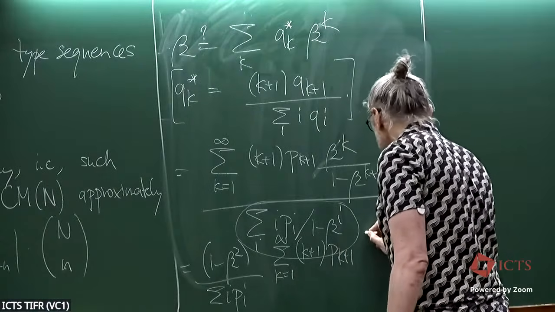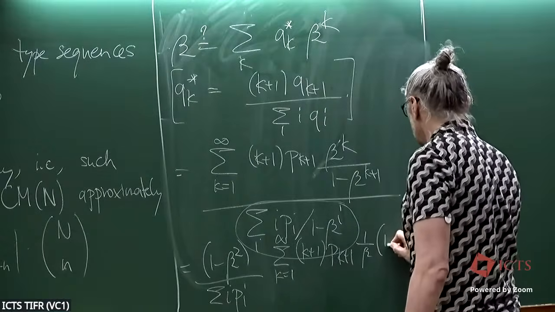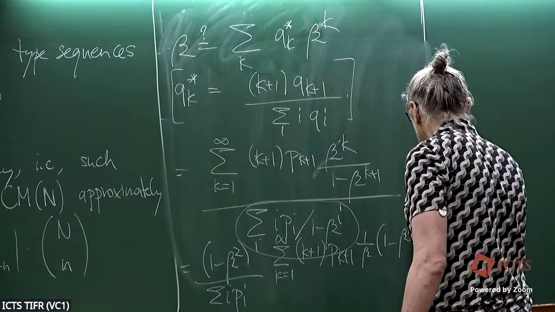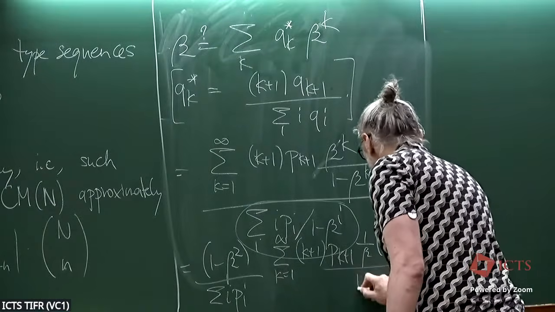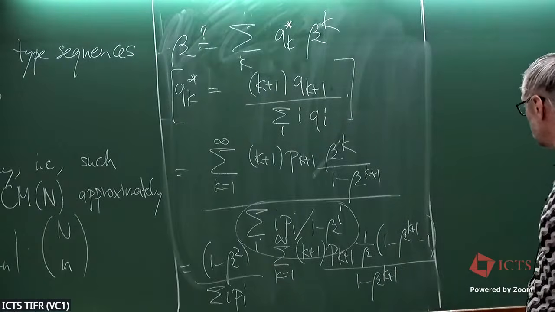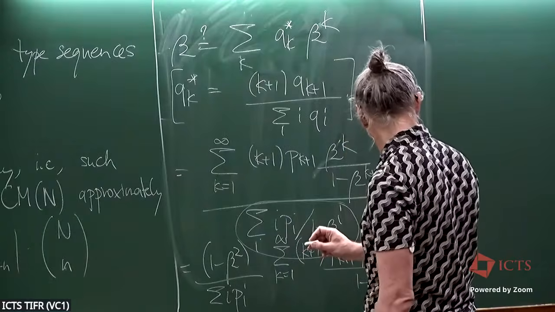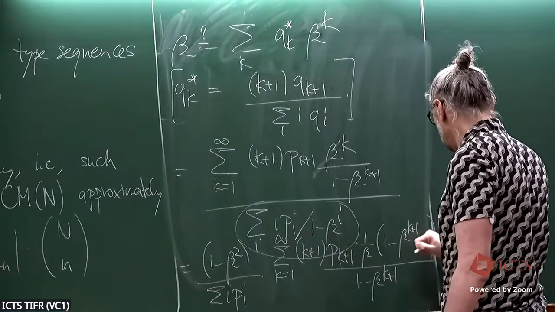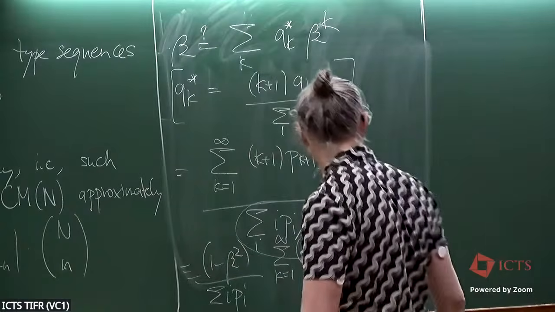I'm going to write this in a slightly unusual way. That's an identity. The ones are going to drop out. Oh, the other way around. Yeah, there's a minus sign involved here somewhere.